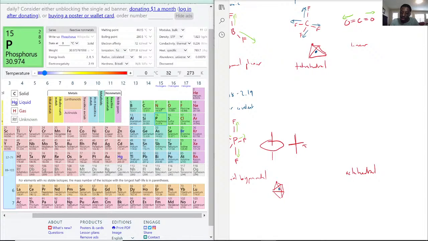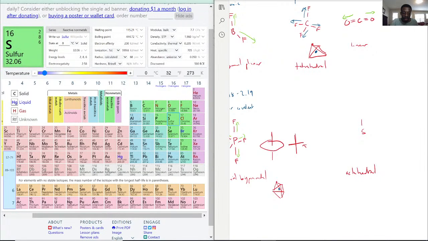The sulfur's in the middle, and the difference between sulfur and fluorine is 3.98 minus 2.58, that's still going to be polar covalent. That's way greater than 0.4 difference. So we have F here, and then we have kind of like this.